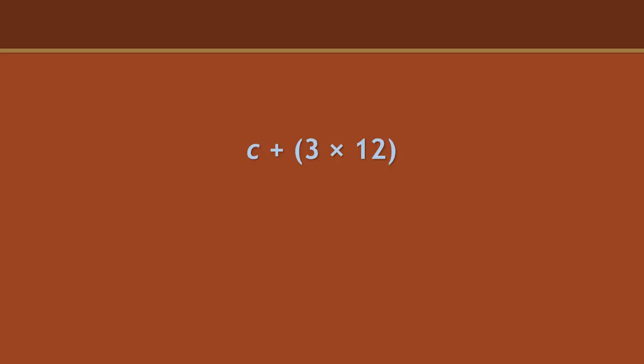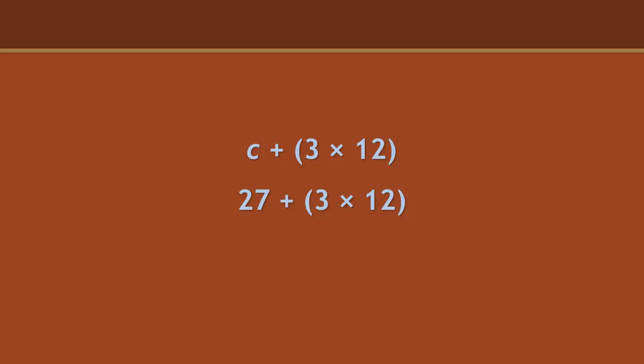So here we have our expression that we just wrote using that word problem about the cookies. Remember, C plus 3 times 12, that's all in parentheses. For C, we're going to plug in the value of 27. We're going to say that the lady that brought the cookies brought 27 cookies. That's how many cookies were in her container.